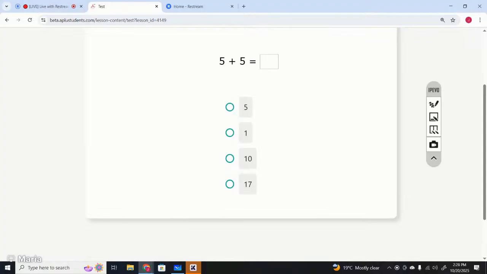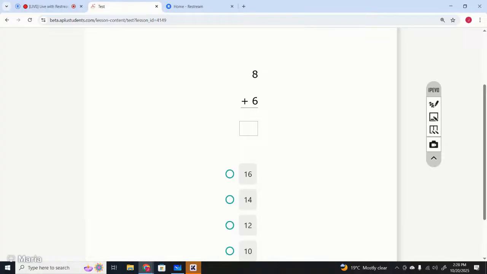5 plus 5 makes 10. It is option number 3. 8 plus 6 makes 14.